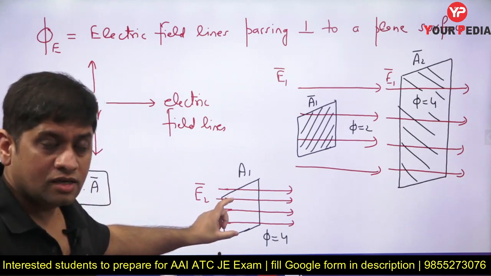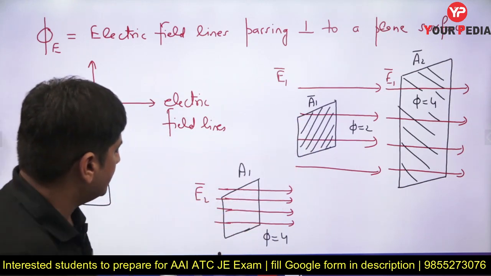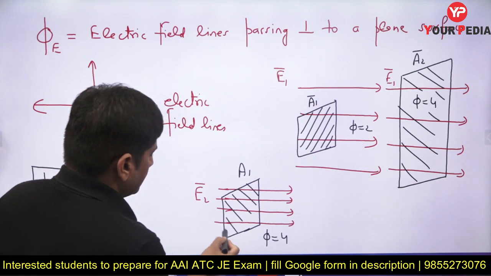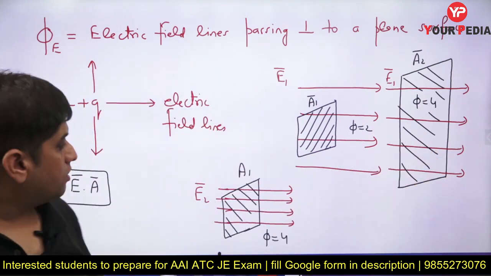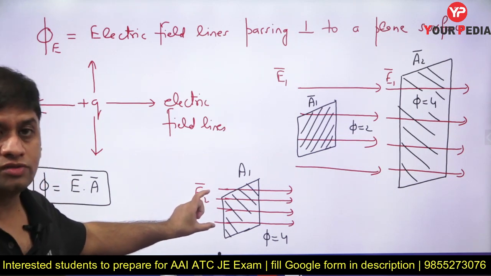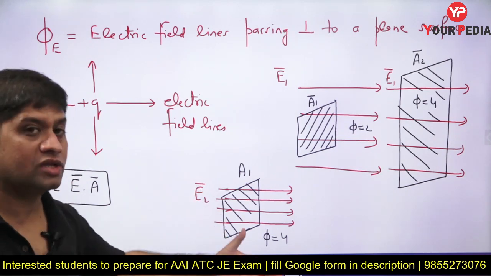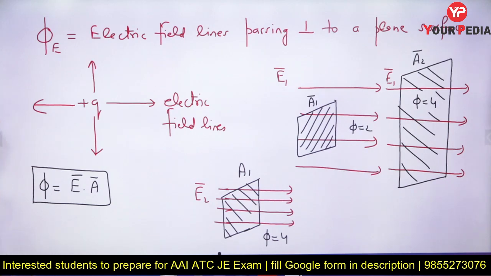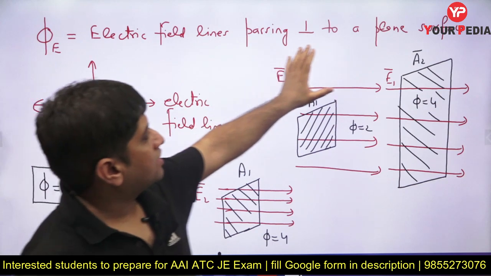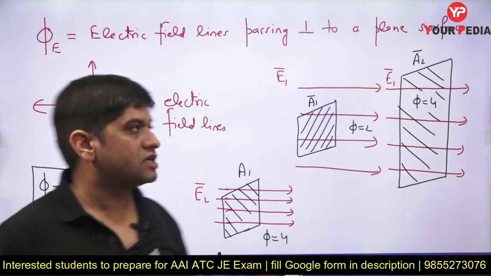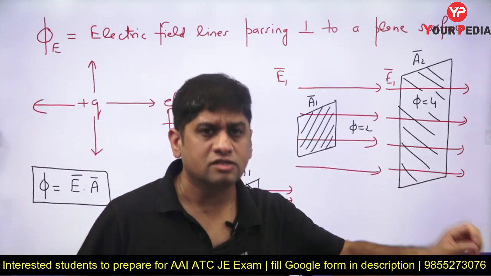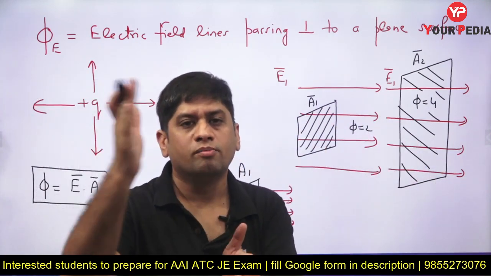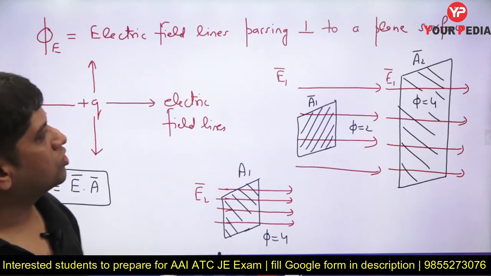Okay, what about this? Sir, this area A1 and this area A1 are the same. Visually this area looks large, but the electric field lines are very close. That means dense. That means the electric field is strong. Now how do you define electric flux? You define electric flux as the number of electric field lines passing perpendicular to a particular plane surface.